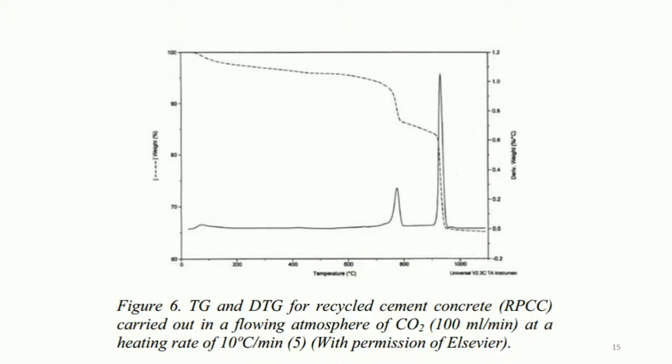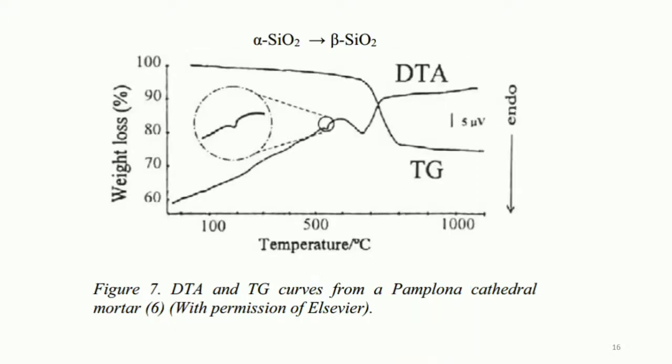On the other hand, the DTA curves of ancient concrete show the existence of an endothermic peak at about 570 degrees Celsius, as we can see in this picture.